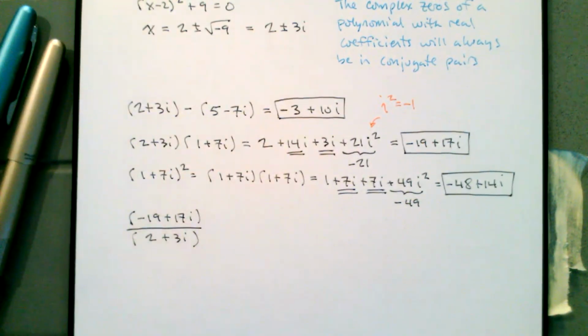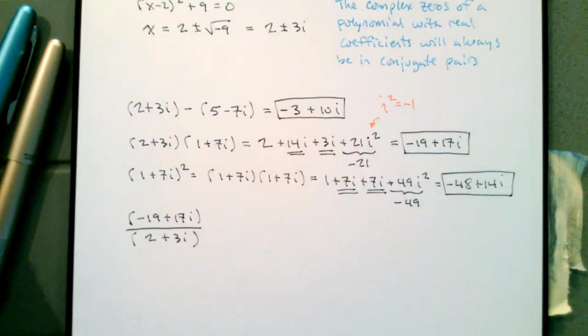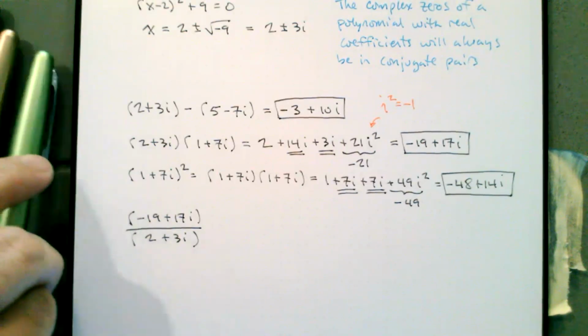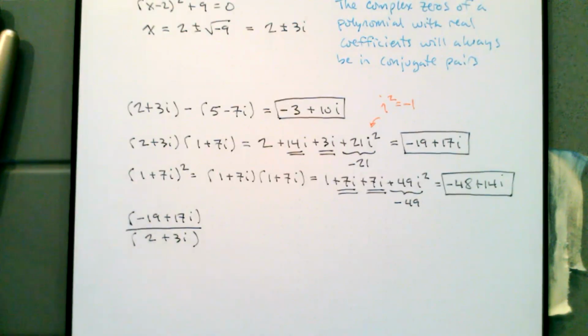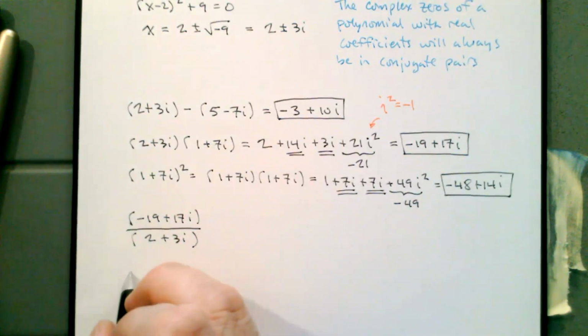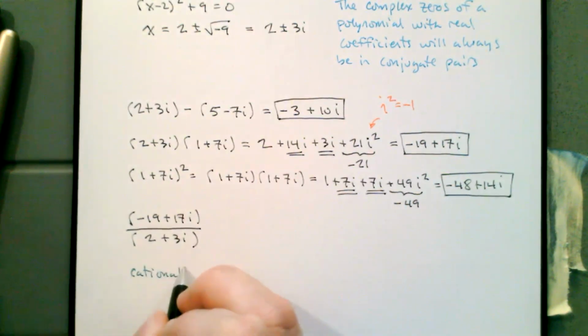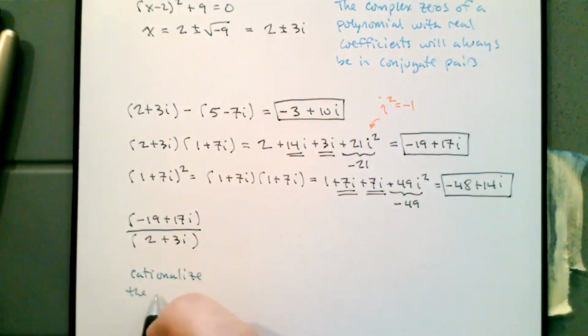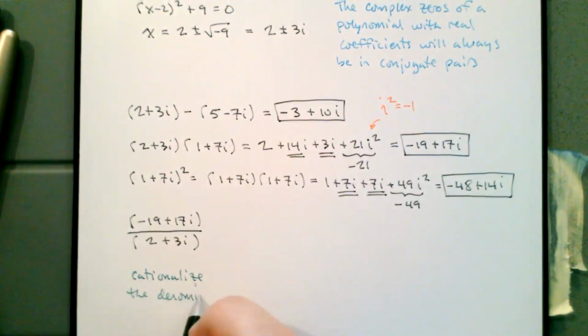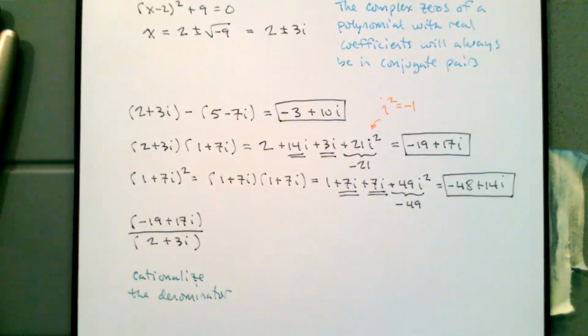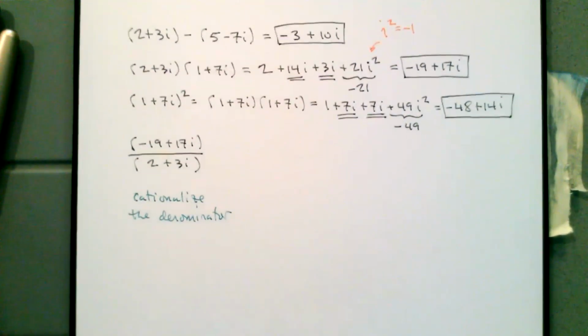If we want to divide complex numbers, we have to rationalize the denominator, just like we would with radicals.